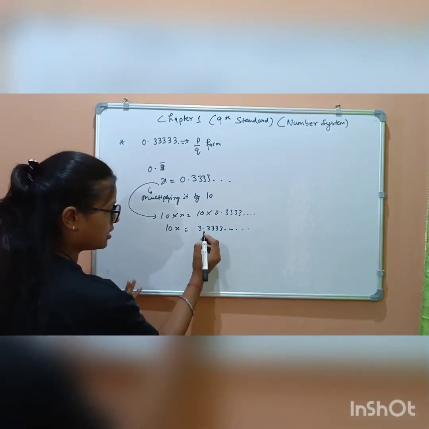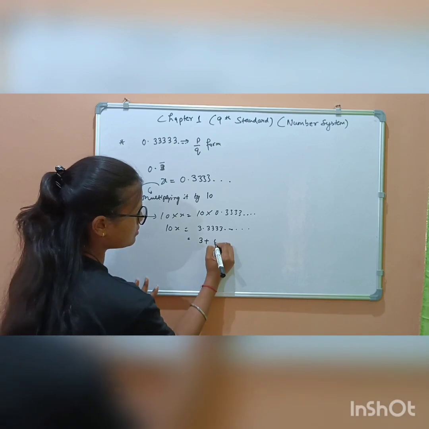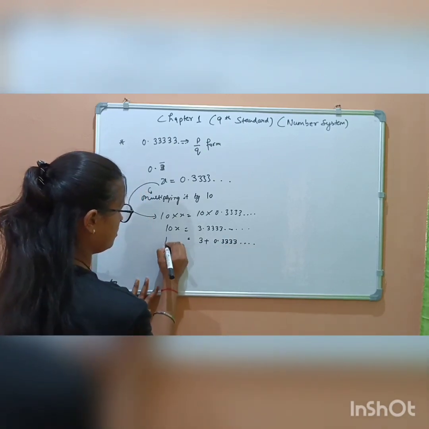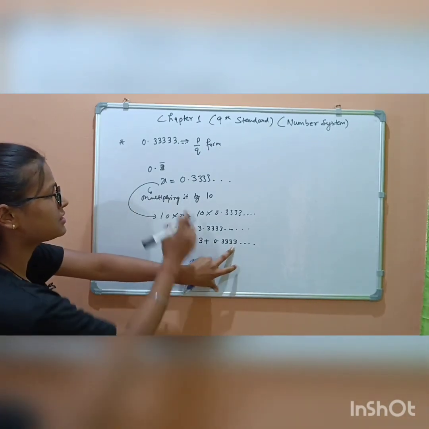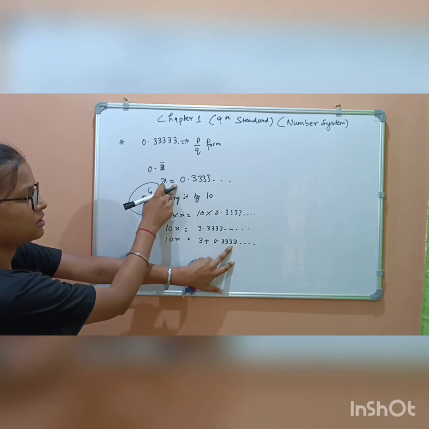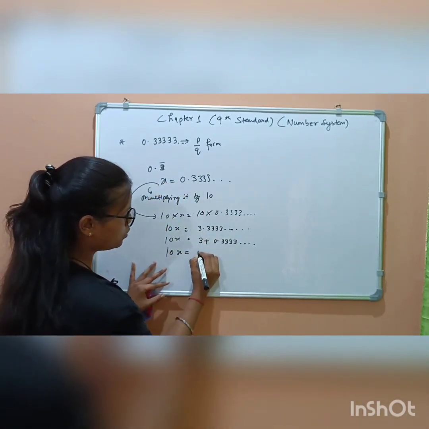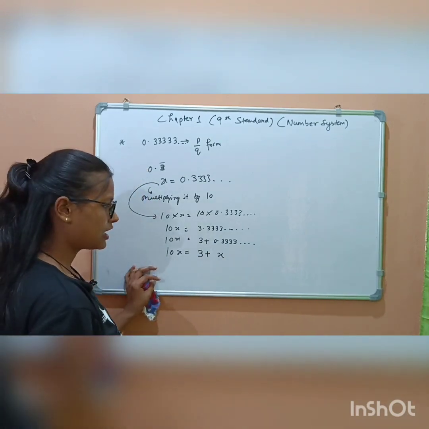Now see, can I write 3.33 as 3 plus 0.33? Can I write this like this? Now this 0.33 is nothing but x. So 10x equals to 3 plus x. Clear?